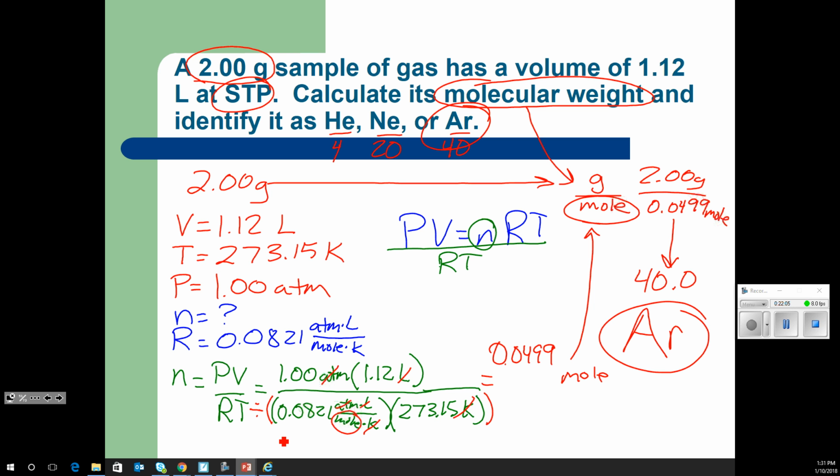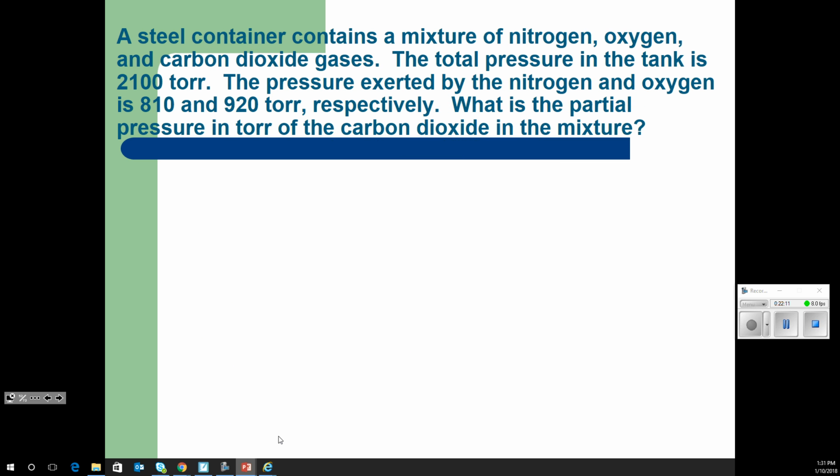Okay? All right, let's move forward. Oh my goodness, it's still a container. So I have some kind of container. You know I draw so well. Here's my container. It is a mixture of nitrogen, N2, oxygen, O2, and carbon dioxide, CO2.